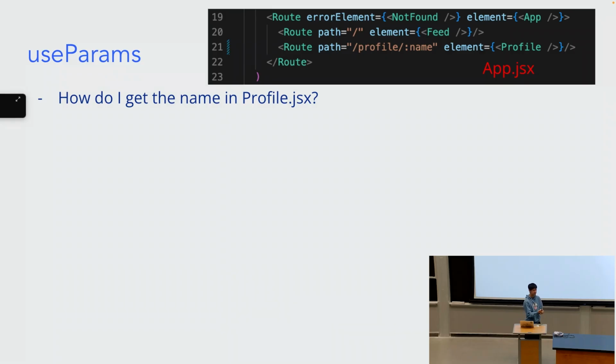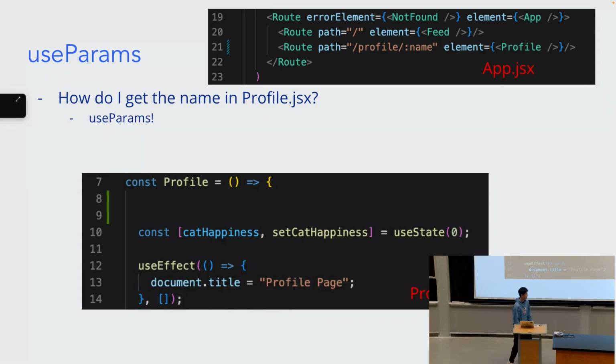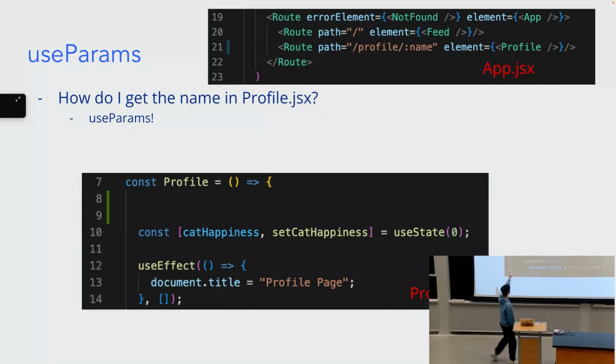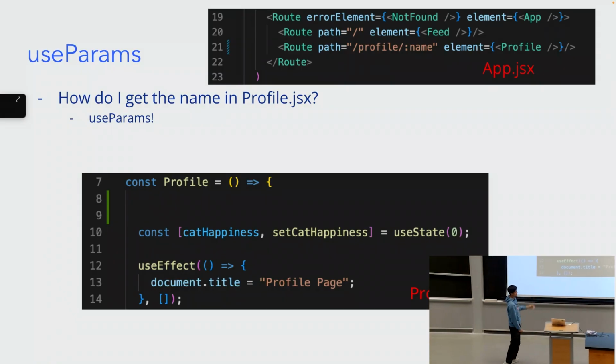So how do we get the name in profile.jsx? We just add it at the top. Let's say this was our code before in profile.jsx where we didn't feed a name down. Now we use this useParams hook in order to retrieve whatever's in the URL.